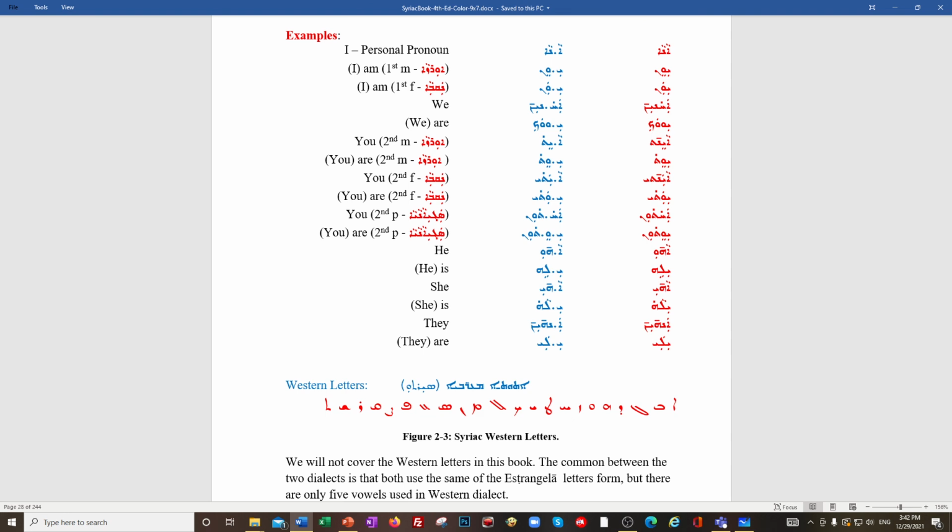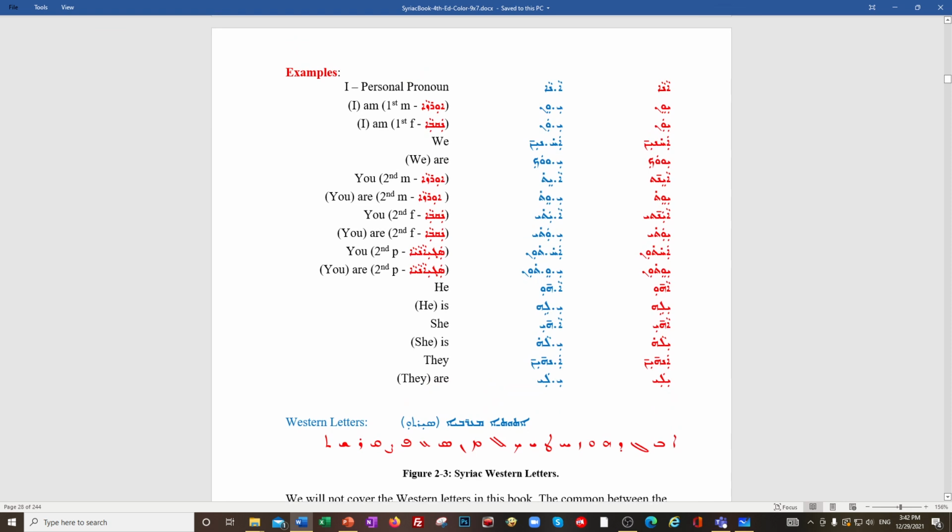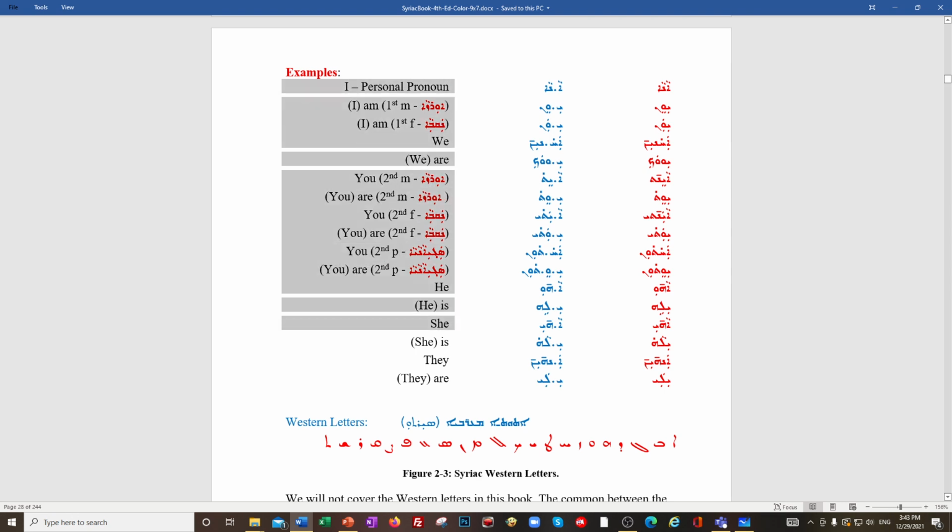They describe the first, second, and third person pronouns. As you look here, in the right column is the Syriac word. The second column is the syllables, how exactly we're going to syllabify it. And the third is the meaning in English.